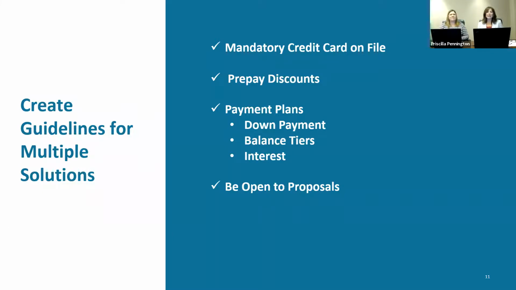You can make this mandatory or just highly encourage it, but with a credit card stored securely on file in a PCI compliant system, once insurance has paid and the true balance is known, that card can be run for the precise amount that's due. So there's no effort on the patient side, and with an automated service, it's no effort on your side beyond collecting the card on file at the patient visit. It's a convenient method for both the office and the patient.